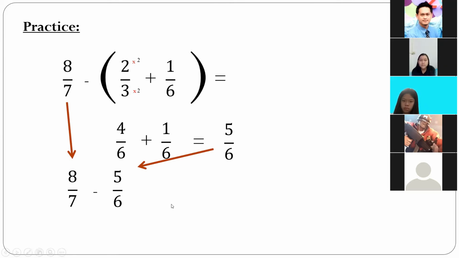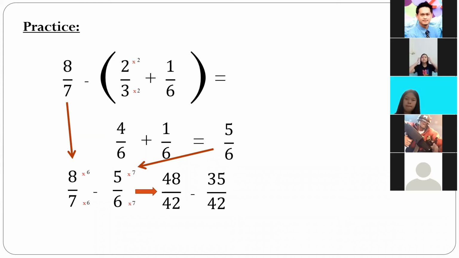So we cannot do it again. We need to find a common denominator, which is 42. So we multiply 8 over 7 with 6 and 5 over 6 with 7. It will become 48 over 42 minus 35 over 42. The answer is 13 over 42. Very good for those who got the right answer.